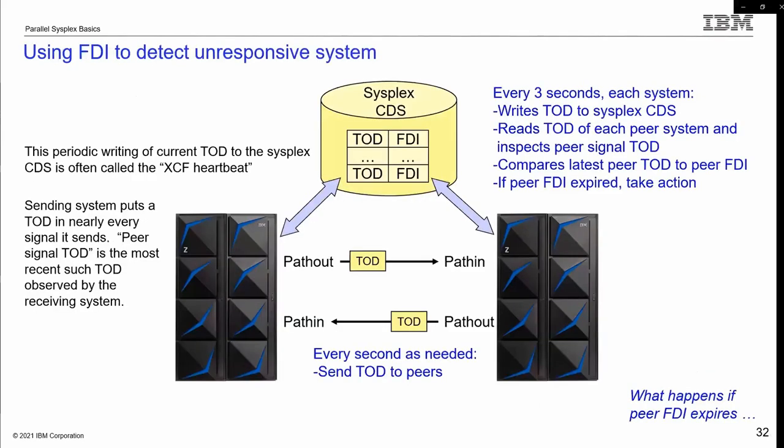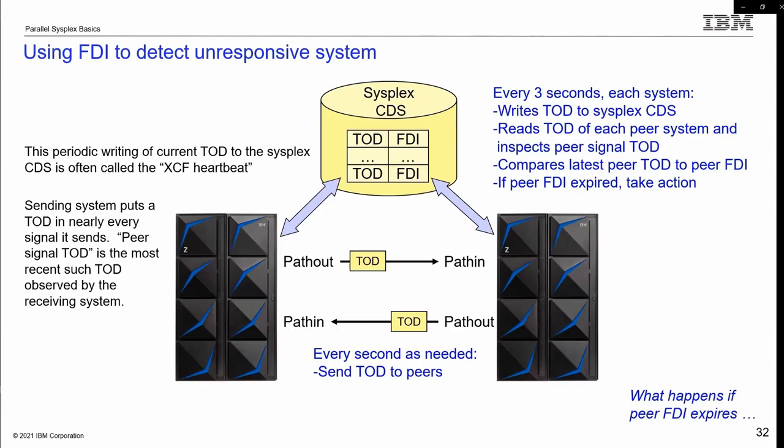So how does parallel Sysplex actually detect an unresponsive system? Well, this is a lot of information, so I'm just going to sum it up in a very simple way. Periodically, a system writes a time of day timestamp to the couple data set to indicate the current status of that system. In addition, a time of day indicator is also sent whenever we send messages back and forth between the systems.